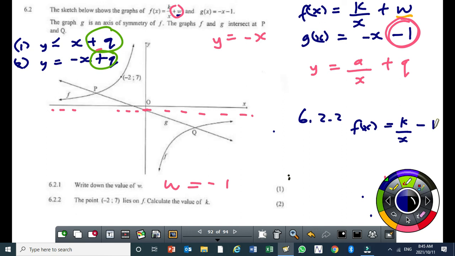Is k going to be negative or positive before we calculate? You can guess if you're not sure. Based on the two curves in the pattern, is k going to be positive or negative?